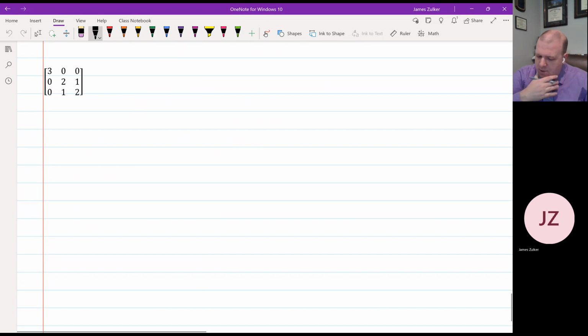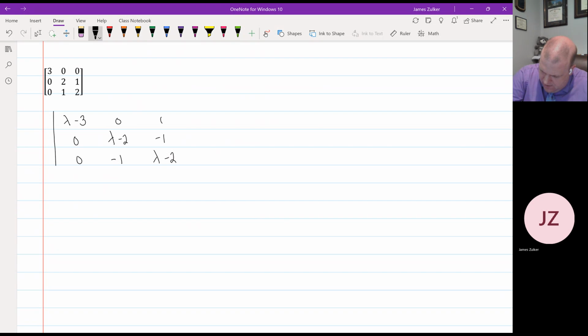Okay, so let's take a look at this 3 by 3. Take that determinant, what we get is lambda minus 3 times lambda squared minus 4 lambda plus 3.